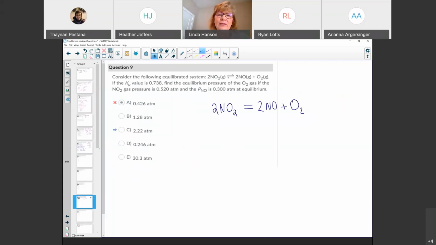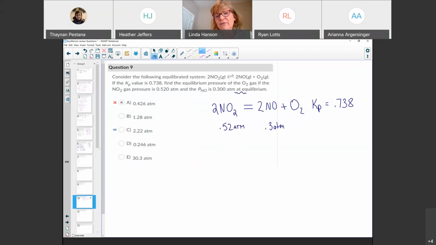Consider the following equilibrium system. Kp is given to me as 0.738. Find the equilibrium pressure of oxygen if the NO2 gas pressure is 0.52. The pressure of NO is 0.3.